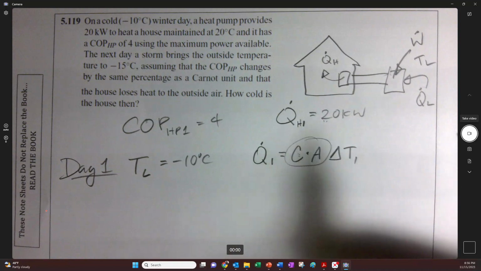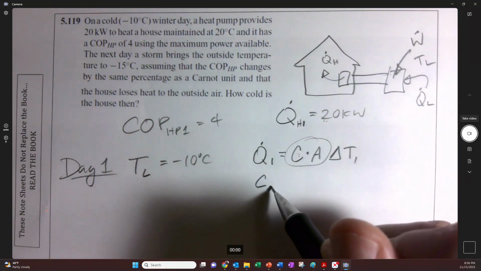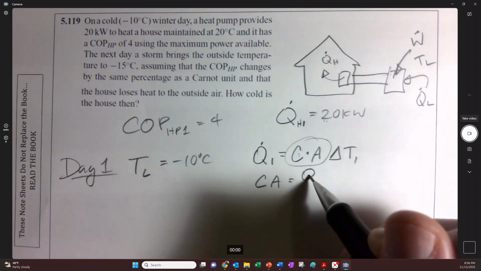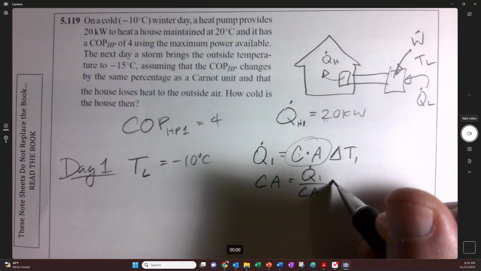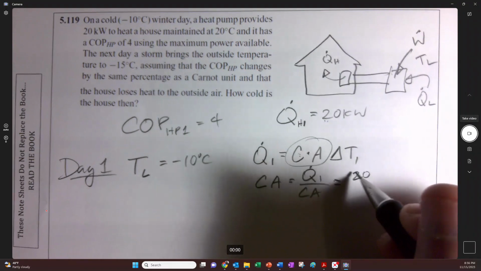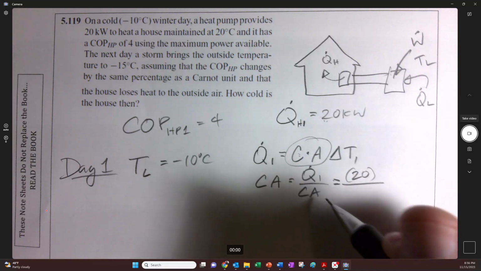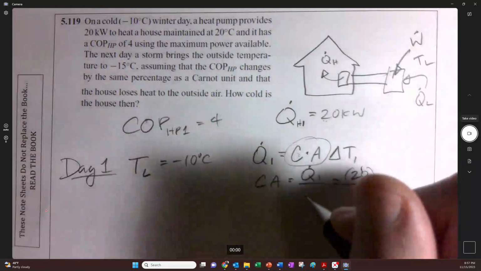That's a trick you probably wouldn't have thought of, but sorry, I didn't write the problem. If you think it around a little bit, you can see that. So we have 20 kilowatts divided by delta T.